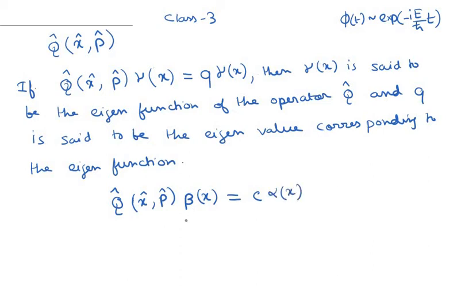In this case beta is not the eigenfunction of this operator q. Please understand this very carefully: q is just an operator in quantum mechanics. It might be the position operator, the momentum operator, the energy operator, or let us say the kinetic energy operator or anything. q is just an operator and q might act on any function.